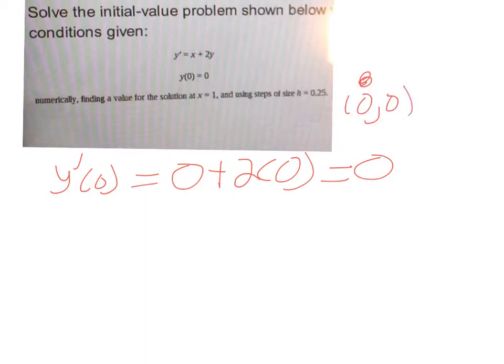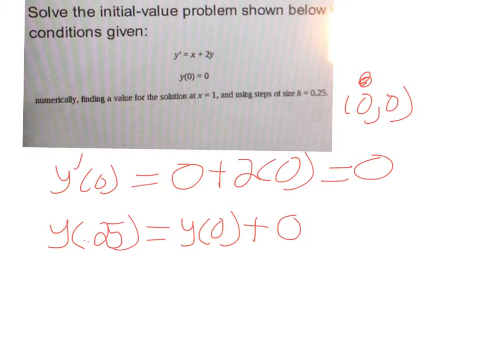Now what we're going to try to do next is figure out where my height is when x equals 0.25. Alright, so y of 0.25 is equal to the current height, which is y of 0, plus our rise over run at x equals 0, which happens to be 0, times how far we're going to run.